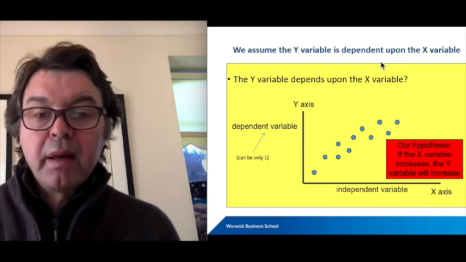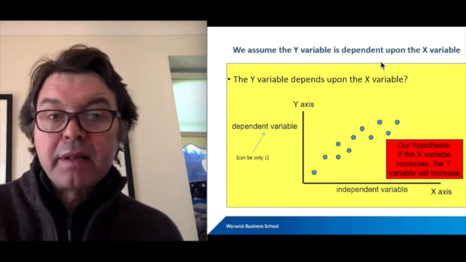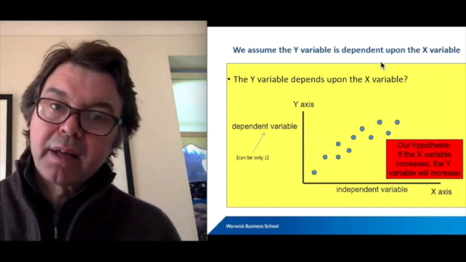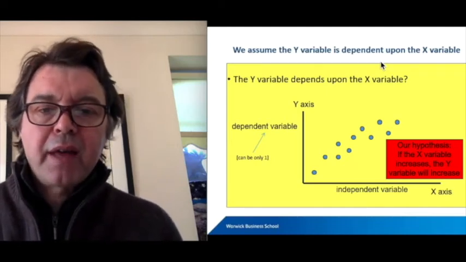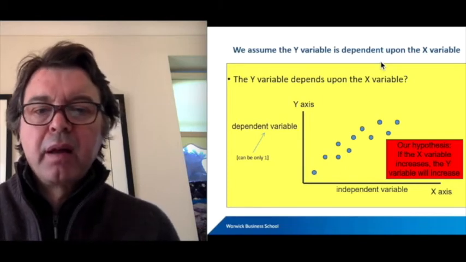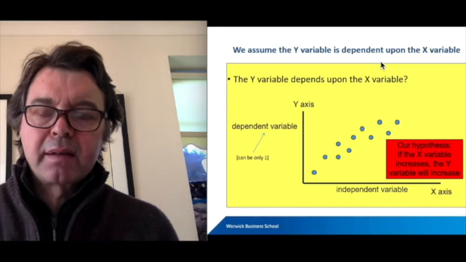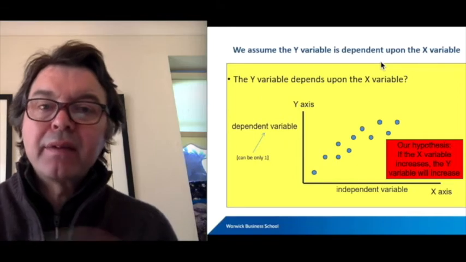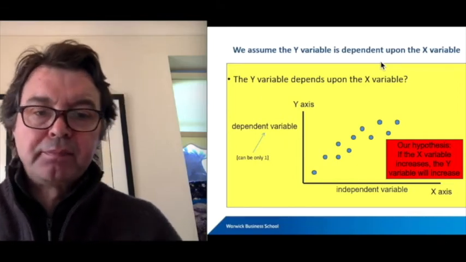Or it could be that when the x variable increases, the y variable decreases, and that will be a negative relationship. And so that's just the way that we express it. So the independent variable and the dependent variable on the y-axis. And what we're arguing is that the y variable, or the dependent variable, is dependent upon the x variable.